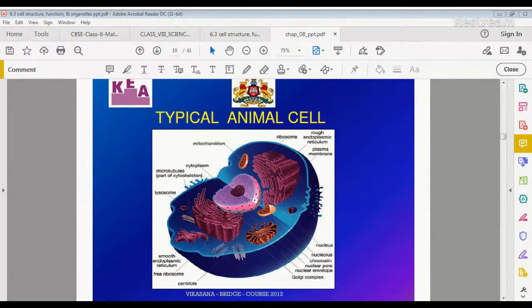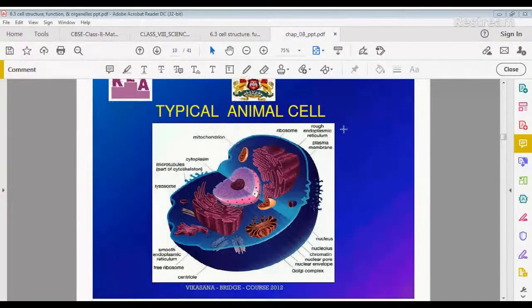Just a second. Yes. Then here is the part of the nucleus. Next is chromatin, nuclear pore, nuclear envelope, Golgi complex, ribosome, rough endoplasmic reticulum, plasma membrane, then free ribosome there is, then centrosome is also there, and many things are also there.